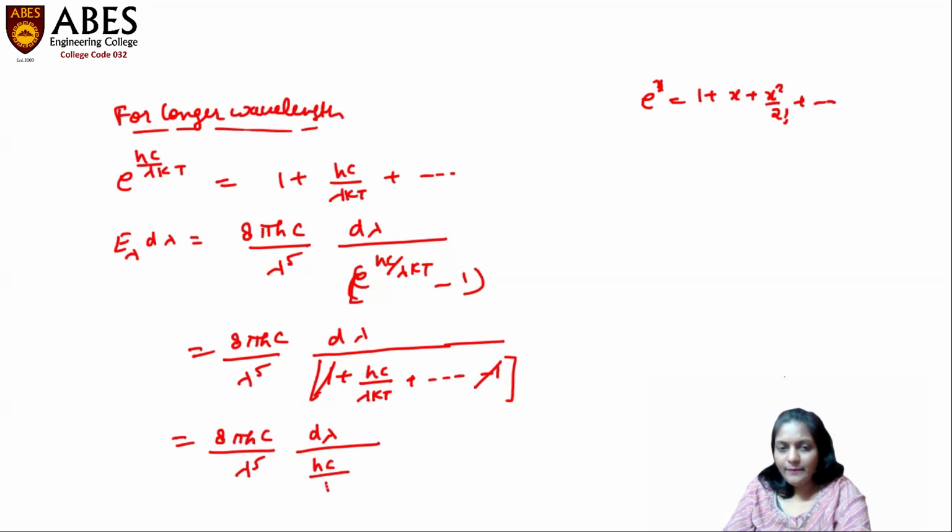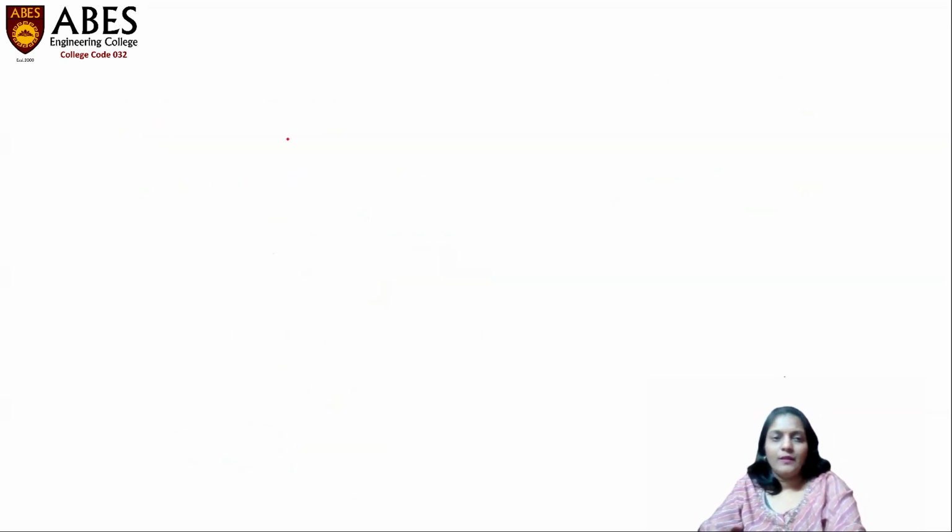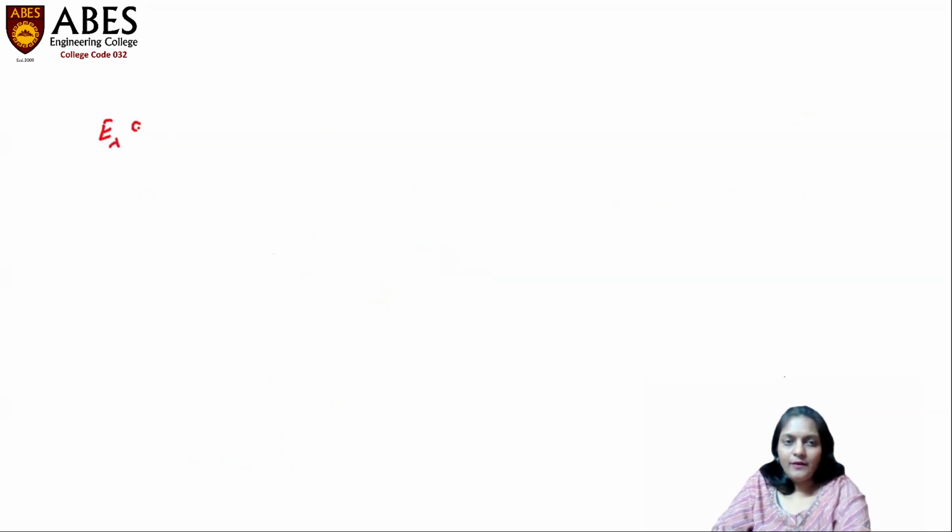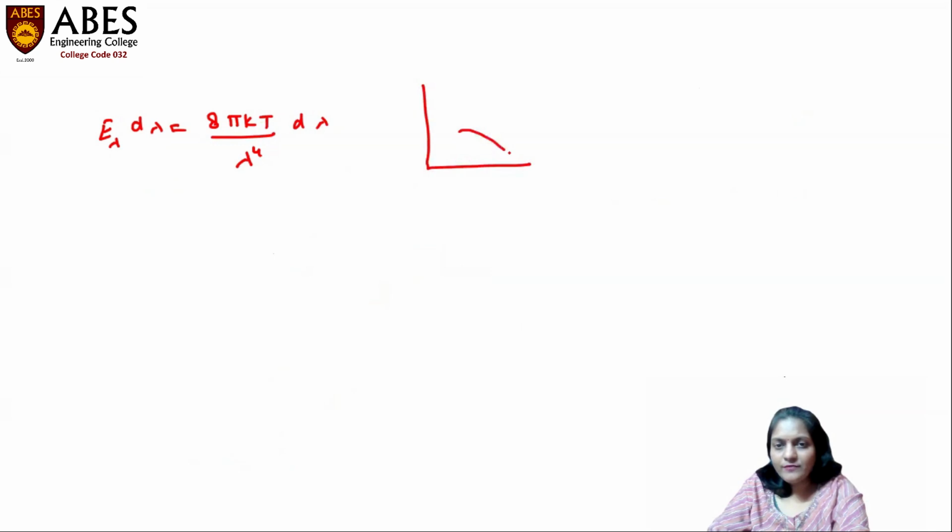So it becomes 8 pi hc upon lambda to the power 5 d lambda upon hc upon lambda kT. Now simplifying, E lambda d lambda is equal to 8 pi kT upon lambda to the power 4 into d lambda. This part of the graph is suitable to explain this higher wavelength region.